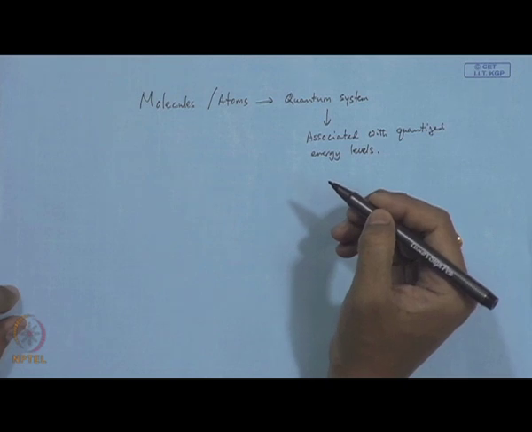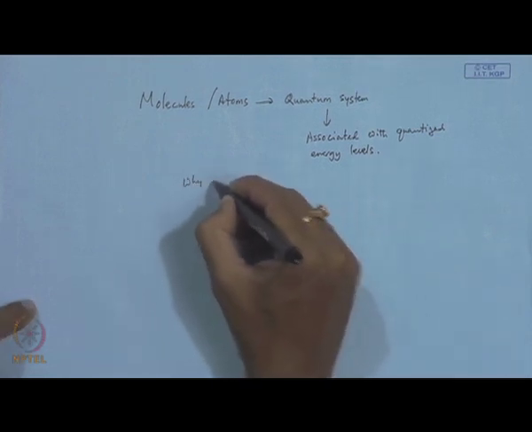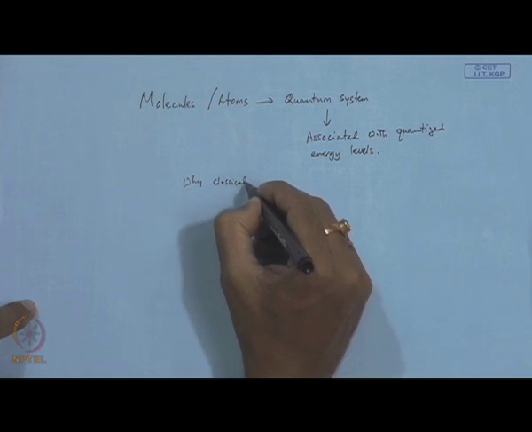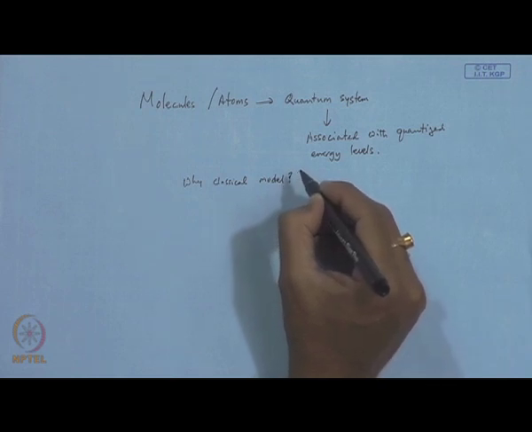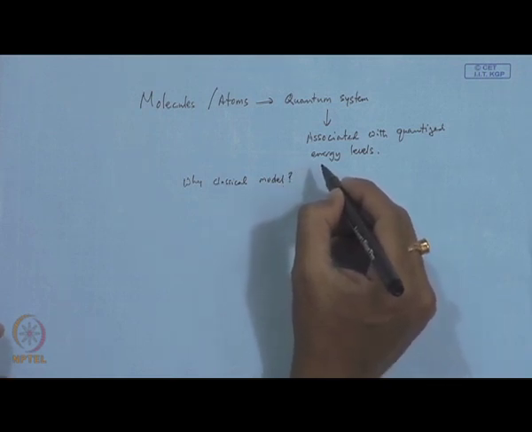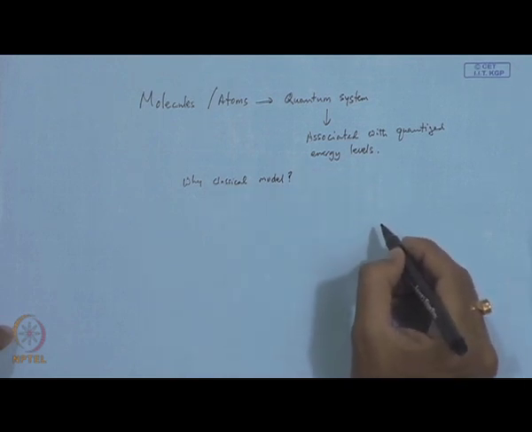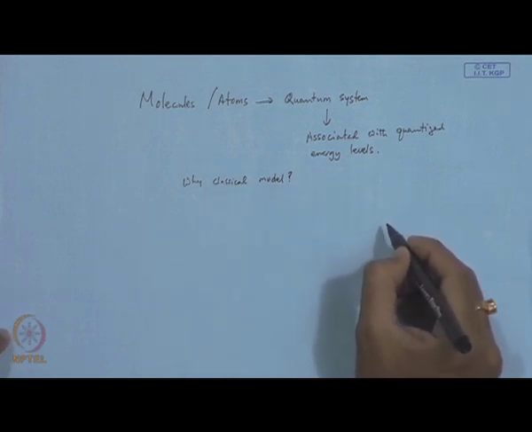Okay, why classical model? Now, the essential physical concepts are much easier to understand in the classical picture, and classical scattering models are still used even for moderately sized molecules or smaller molecules having atoms maybe greater than 2-3, and in that case quantum chemical calculations, quantum chemical simulations are very expensive.